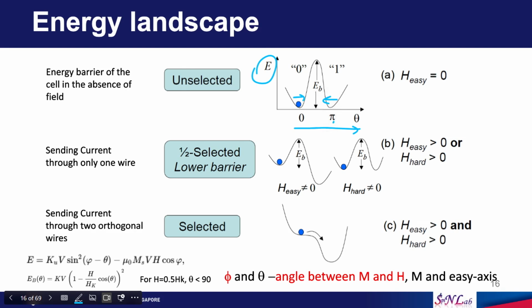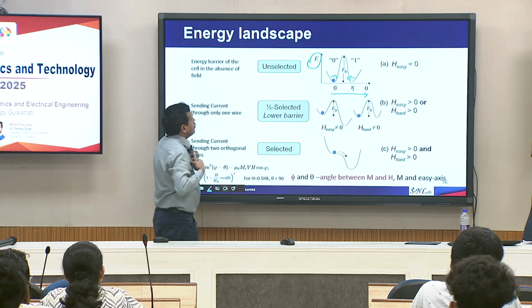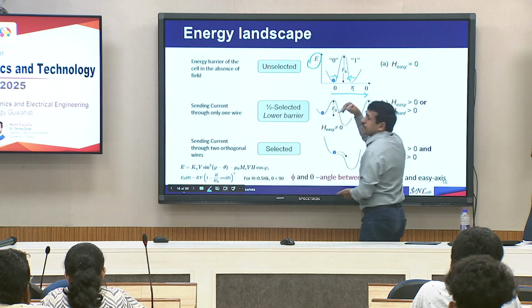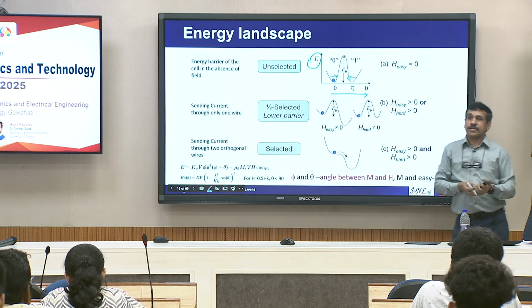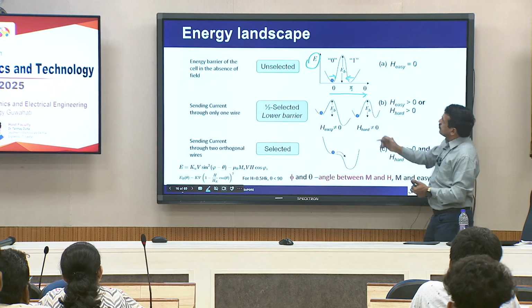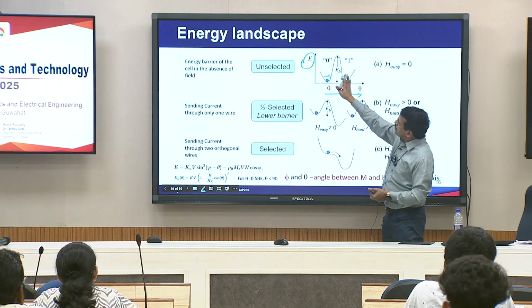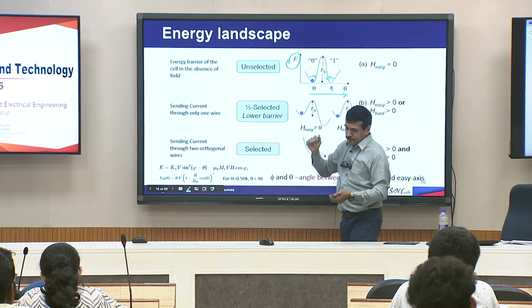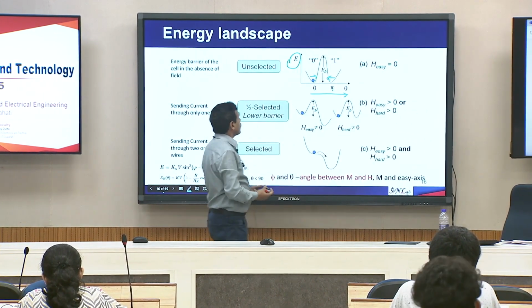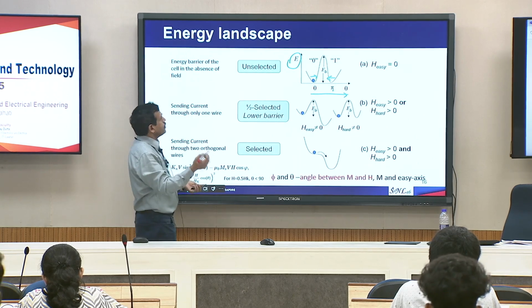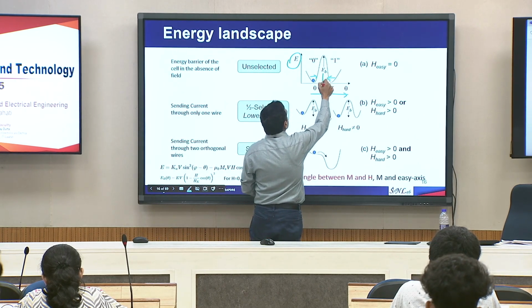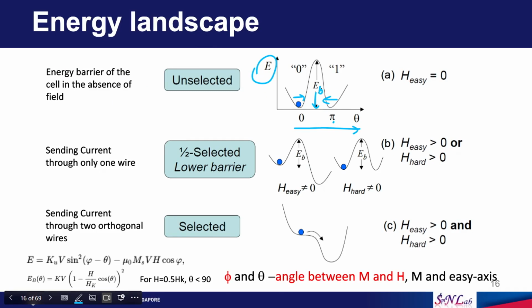These two are the two easy directions. In the absence of any magnetic field, we learnt that Stoner-Wohlfarth particles will have two energy minima, right, with magnetization pointing in one of the two easy directions. And we also learned that these two states are separated by an energy barrier E b.